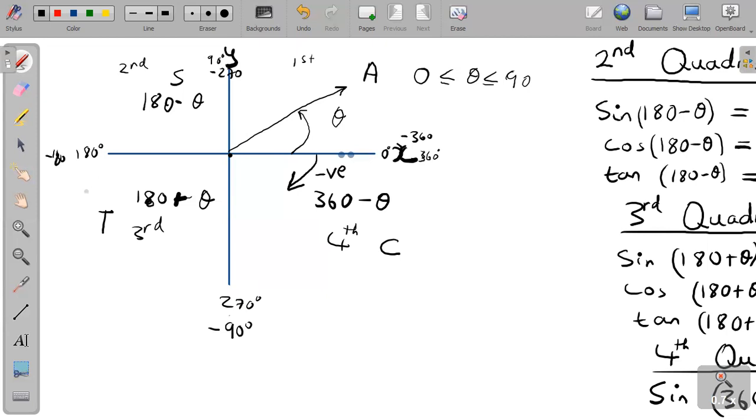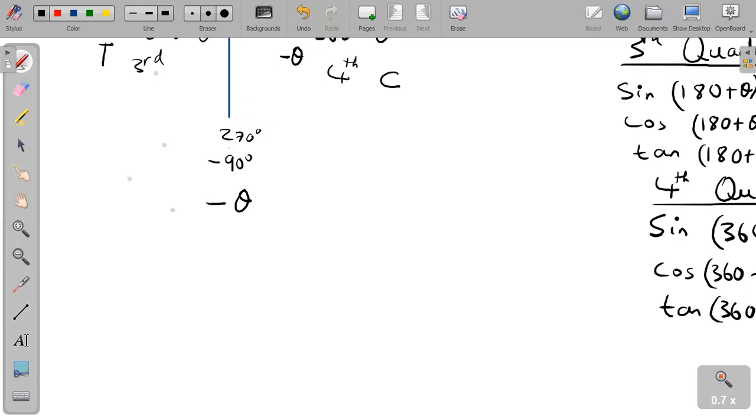So now when we are presented with negative angles, let's assume first we have negative theta. Negative theta is the first angle that we meet in the fourth quadrant. So the relationship that negative theta has, assuming we want sine negative theta: we understand that in the fourth quadrant, sine is negative.